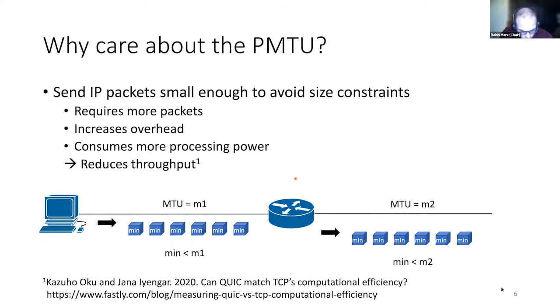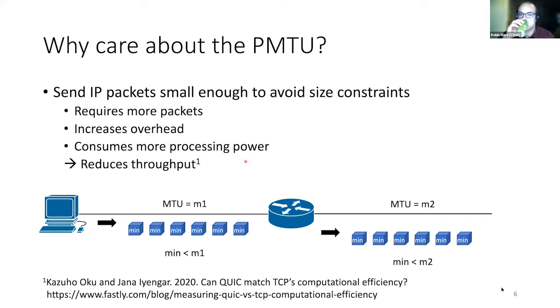What else can we do? We can send IP packets that are small enough to avoid any size constraints. As shown in this example, the routers don't have any trouble forwarding small packets. But this requires sending more packets, and as each packet contains its own headers, it increases the overhead.